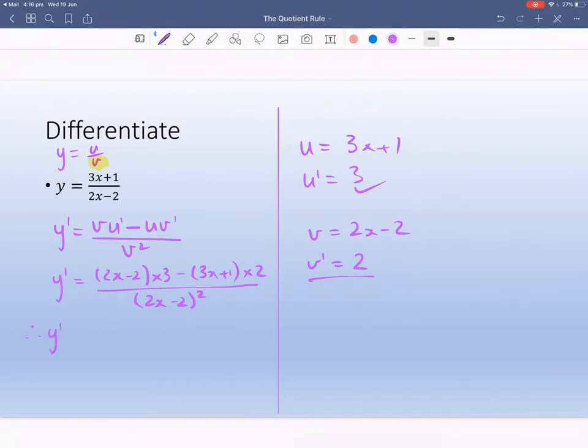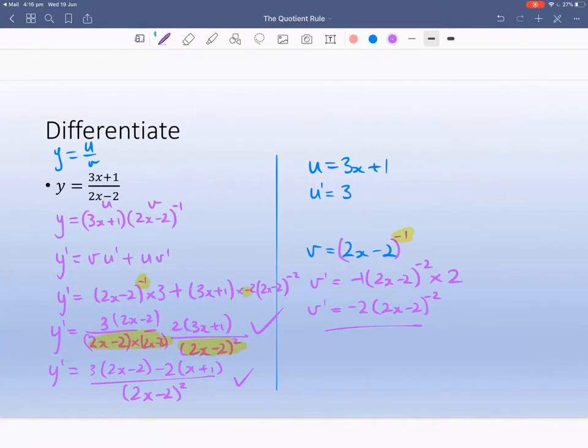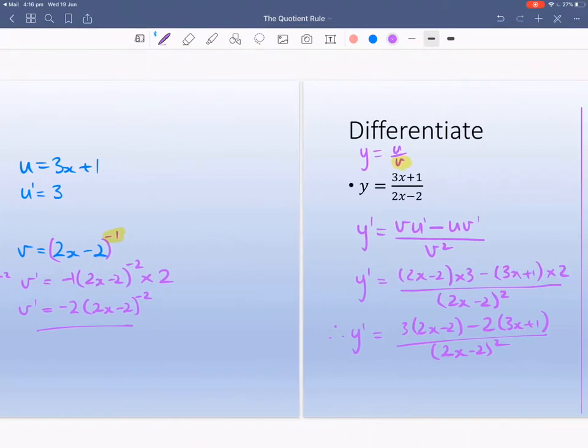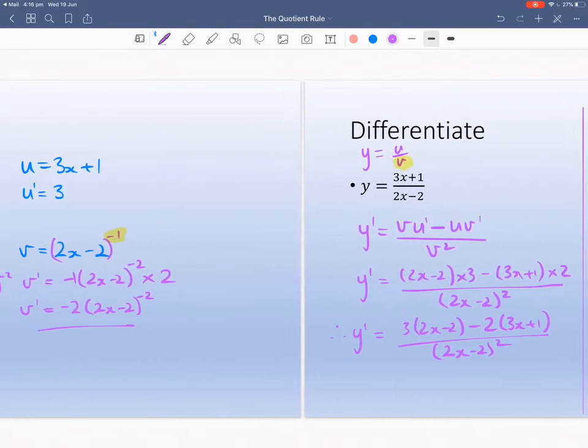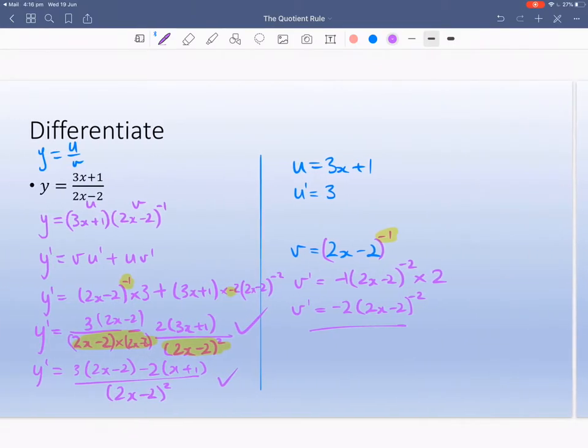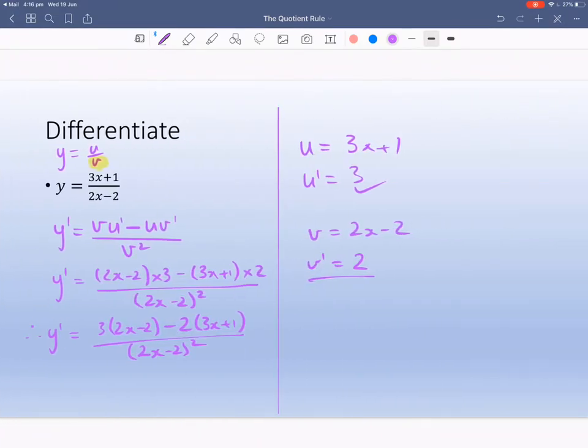Therefore, y dash equals 3 times (2x minus 2), minus 2 times (3x plus 1), all over (2x minus 2) squared. Ooh, that looks very familiar. That's exactly what we get here by doing the product rule.